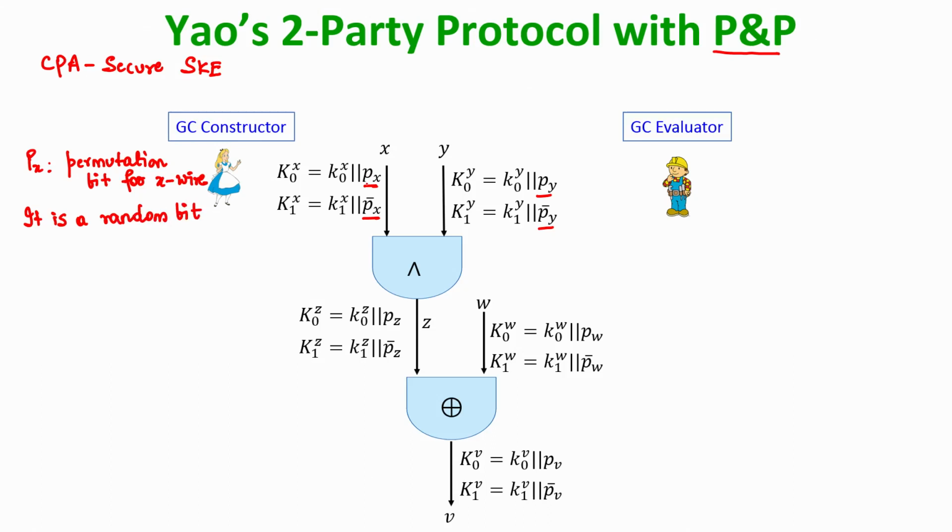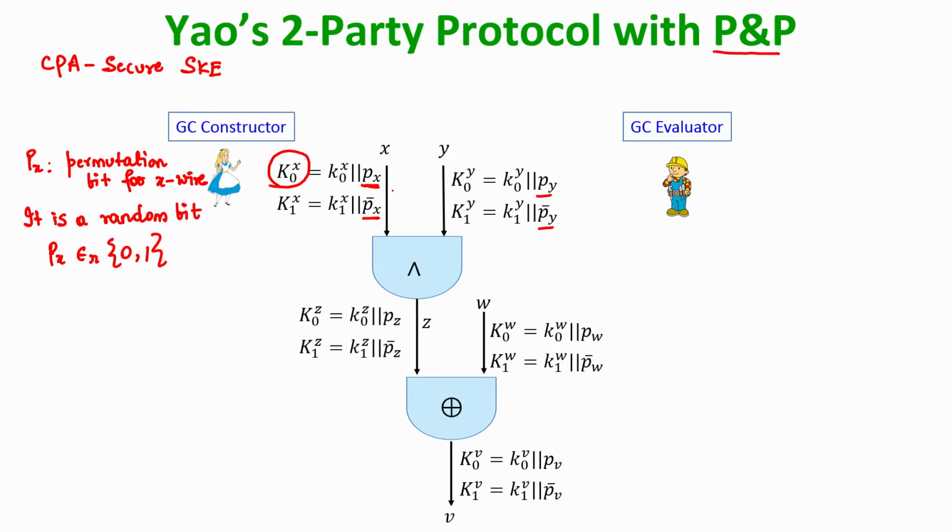It is not the case that since this whole key is for x being 0, the value of P x has to be 0. That means, P x is a random value from 0 or 1. Even though this entire key is for x being 0, the permutation bit P x could be 0 with probability half, it could be 1 with probability half.